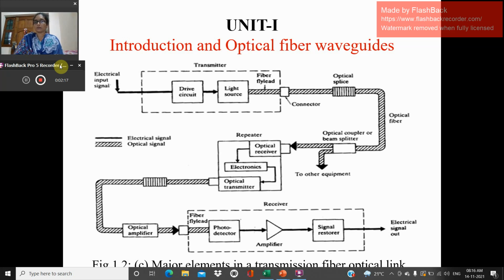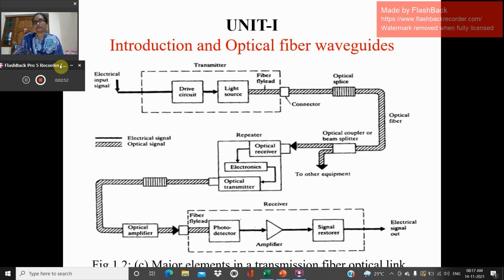After that, the light signal is passed to the repeater section. From the transmitter section, if we have to connect or couple any other equipment, we use an optical coupler. And what is the function of a beam splitter? A beam splitter splits a beam into two or more beams. If a light beam is very large, we split it using a beam splitter.